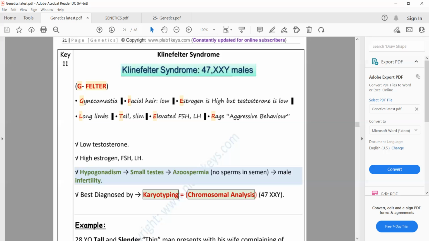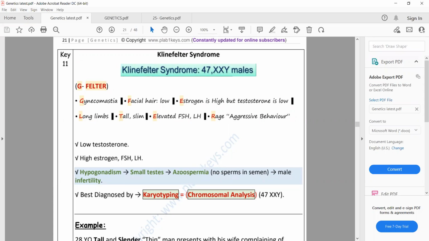And due to these high female hormones, the person will be sterile, or will have hypogonadism, small testes, and azoospermia, or no sperm in the semen. So male infertility. So a long, tall, slim, infertile male, your diagnosis will be Klinefelter syndrome.